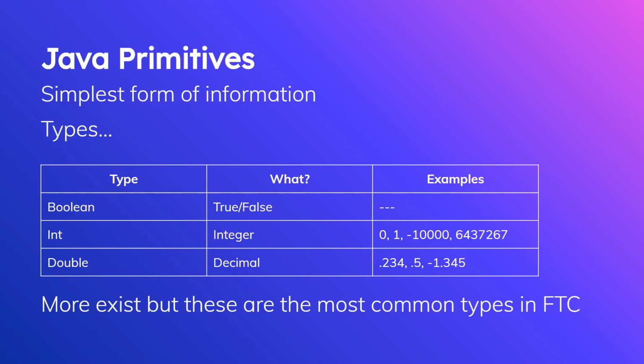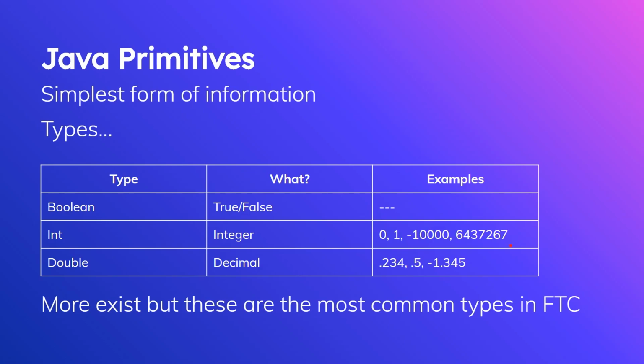The next 2 data types concern numbers. We have the integer, and just like in math, an integer is a whole number. You can store positive whole numbers and negative whole numbers, so you can store 0, 1, negative 10,000, and that really long number that I'm not going to read.